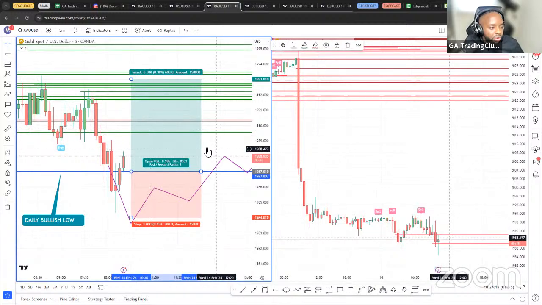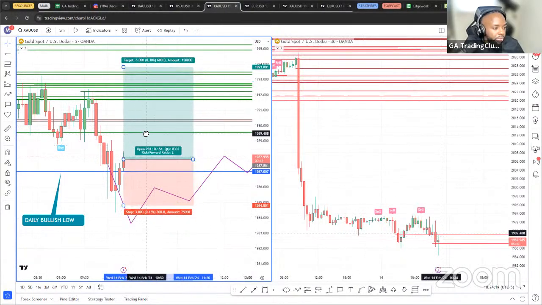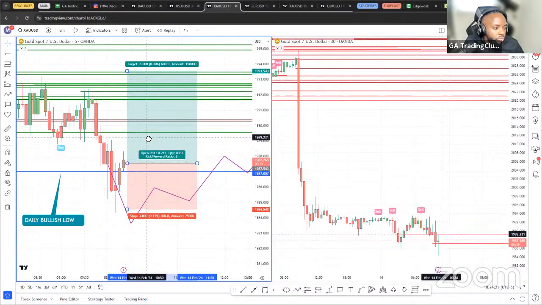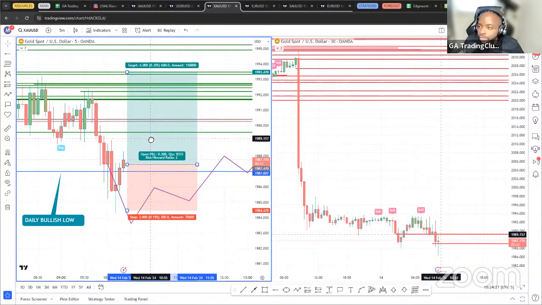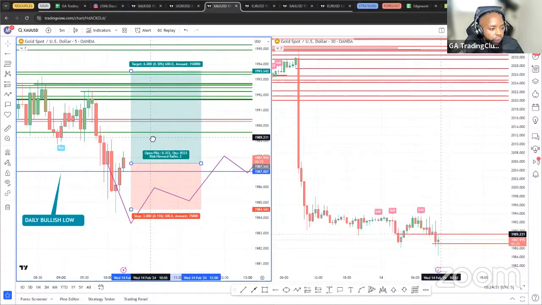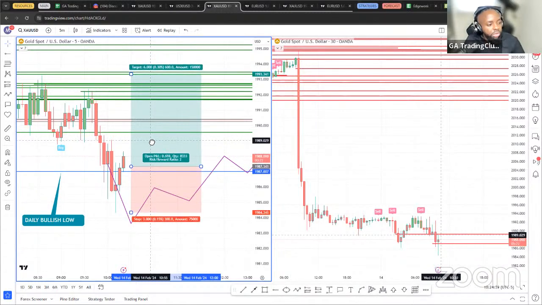I think I would rather go with the daily bullish low setup. Let's see. So I'll be taking this one as well, and this will be my last trade. This gold buy, 87.9. I would want it to come a bit back down.